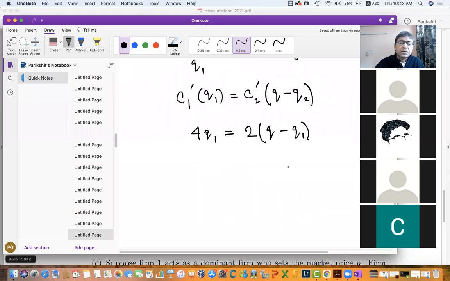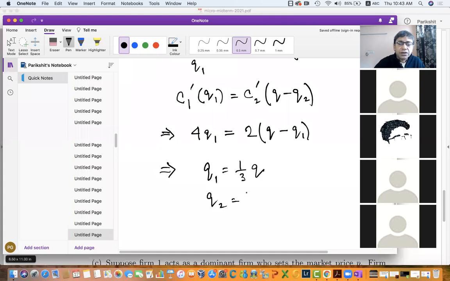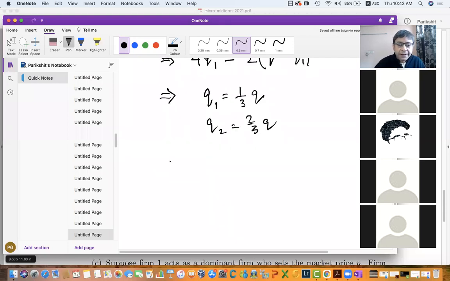So from this, we can solve for the optimum Q1, which is 1/3 of Q. And therefore Q2 is 2/3 of Q, right? And now you plug it back.